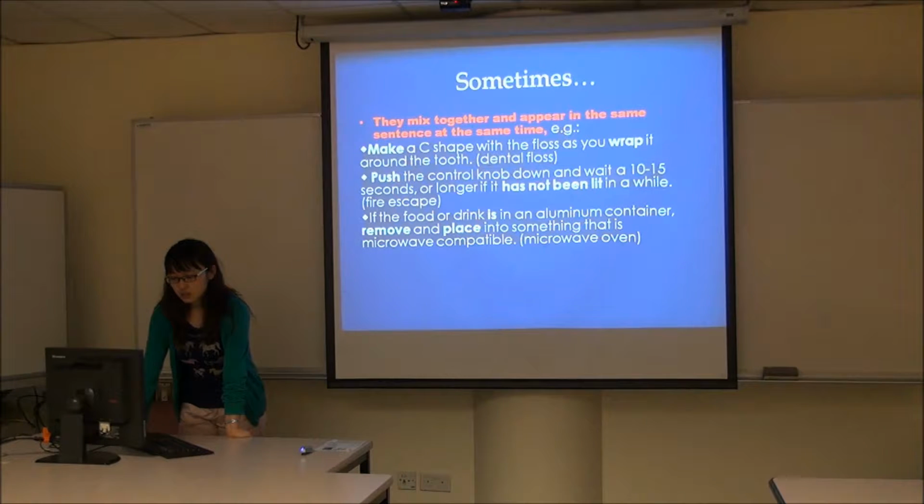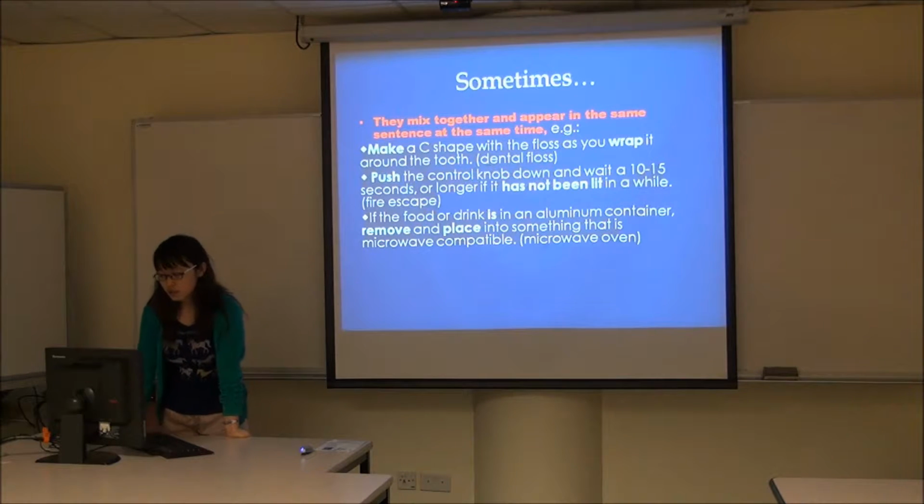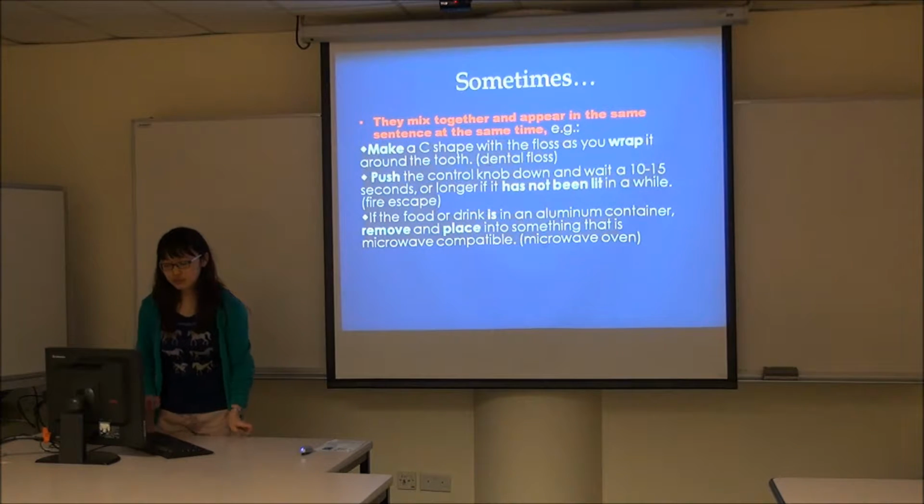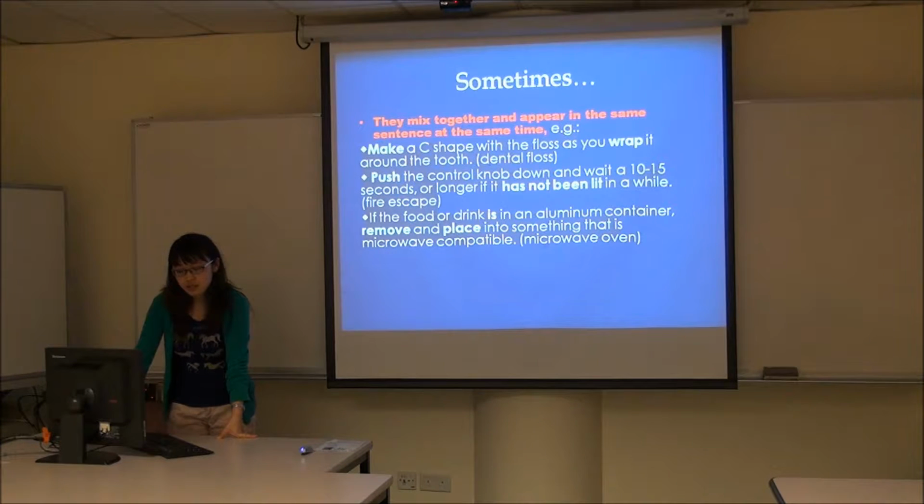But in the second part of the sentence, as you wrap it around the tooth, it is a statement. They are mixed together. The second sentence, push the control knob down and wait 10 to 15 seconds or longer if it has not been lit in a while.